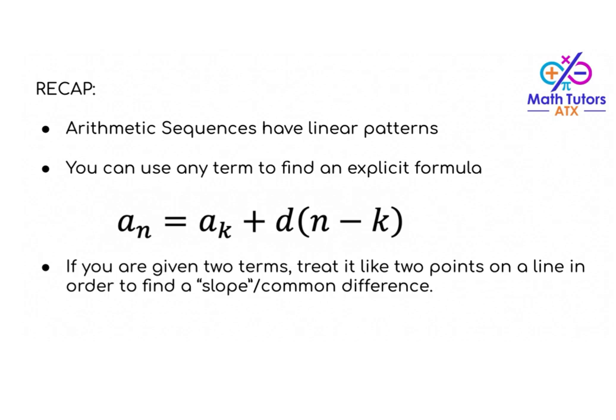You don't have to use the first term. You can use any term that you're given. You just need to make sure that you don't use n minus 1, but you use n minus whatever number term you are using. And then, of course, if you're given 2 terms, you want to treat it like you're given 2 points on a line so that you can go ahead and find that slope, really known as the common difference when we talk about sequences, but a slope if we're talking about linear patterns. All right, have fun.